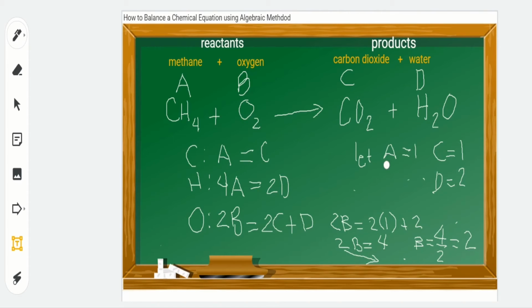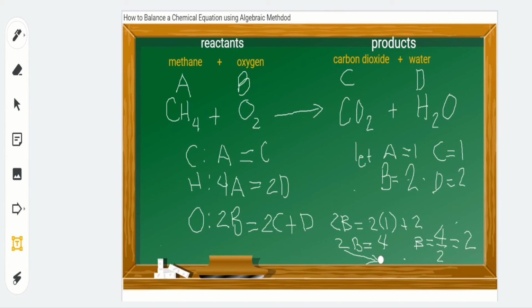So, pwede natin isulat dito, B is equal to 2. So, pwede na natin ilagay itong mga coefficient natin. Again, if 1 siya, we don't need to write it. Pero kapag if it's more than 1, yung coefficient number, we have to write it beside the molecule.